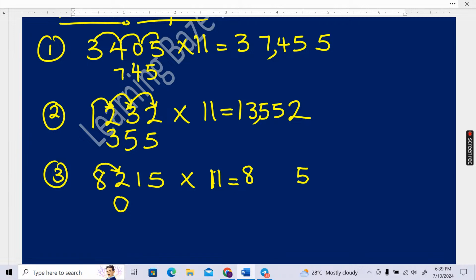I'll carry 1 over to be added to 8, all right? Then 2 plus 1 is 3. Then 1 plus 5 is 6. Okay, so 036 will be at the middle. Then the 1 that was carried over will be added to 8. So 1 plus 8, that is 9. So the answer will be 90,365.